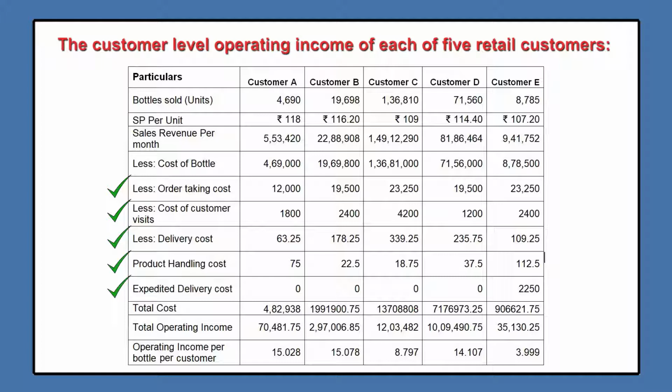The analysis shows that customers B and A are more profitable since they provide the highest contribution per case of rupees 15.078 and 15.028, followed by customers D, C and E who generate contribution per unit of rupees 14.107, rupees 8.797 and rupees 3.99 respectively.